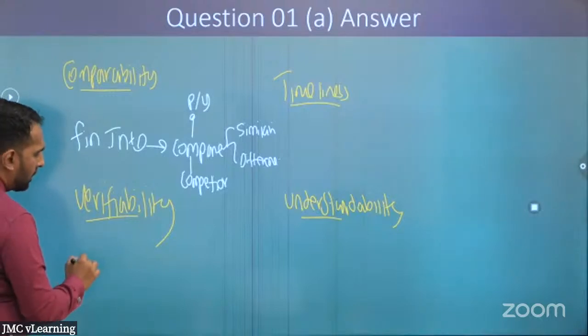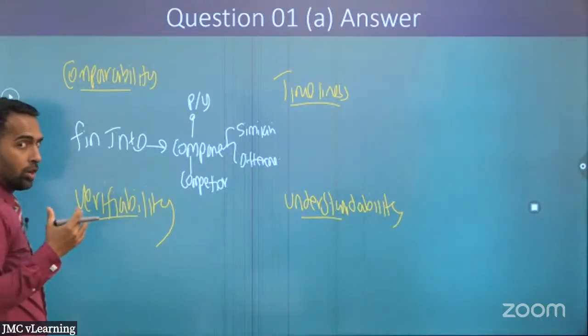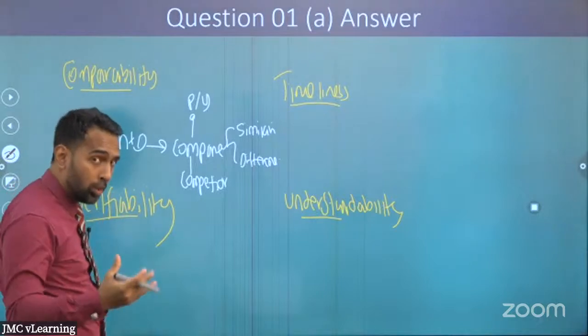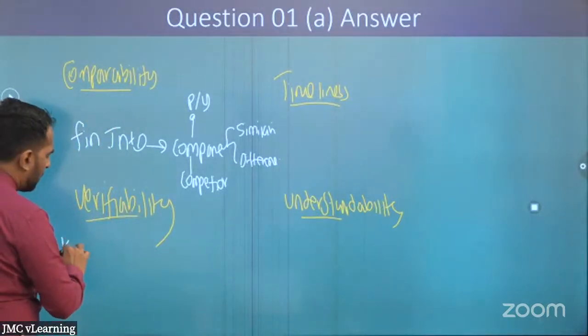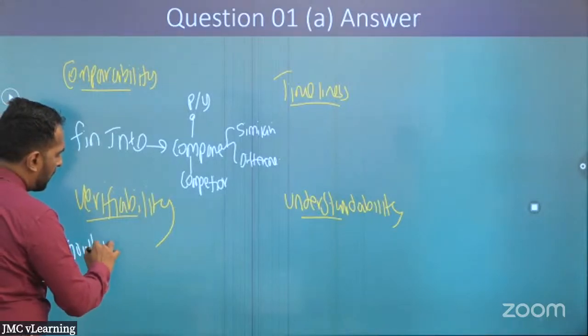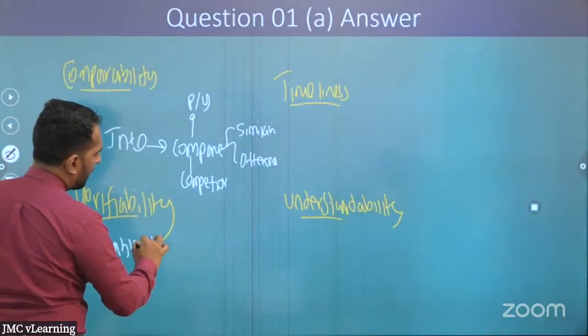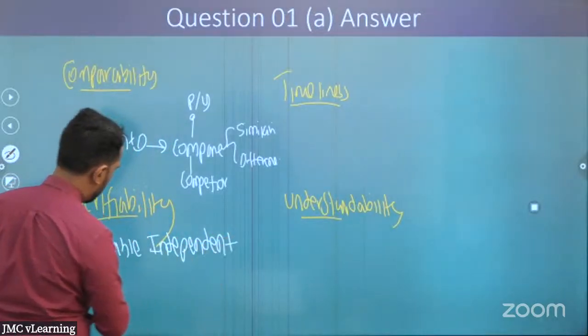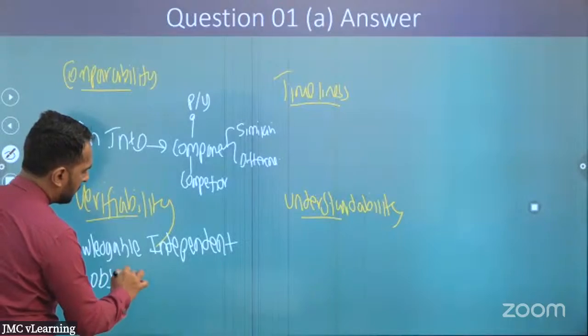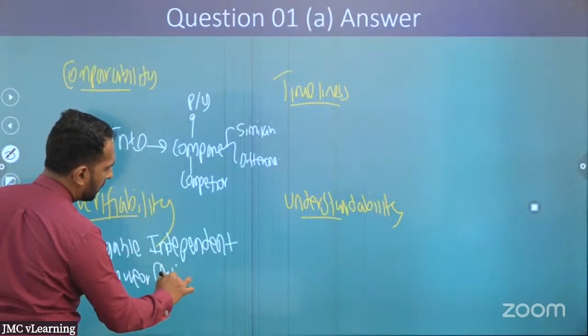Verifiability is about ensuring the reliability of financial information. What we need is a knowledgeable, independent observer. Simply speaking, they are talking about the auditors.